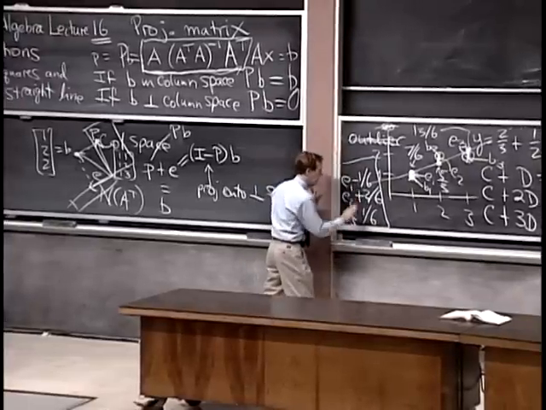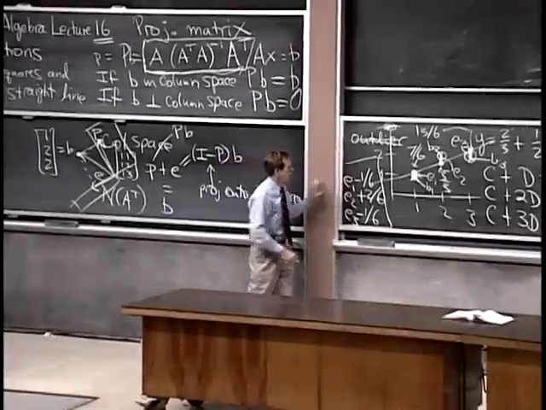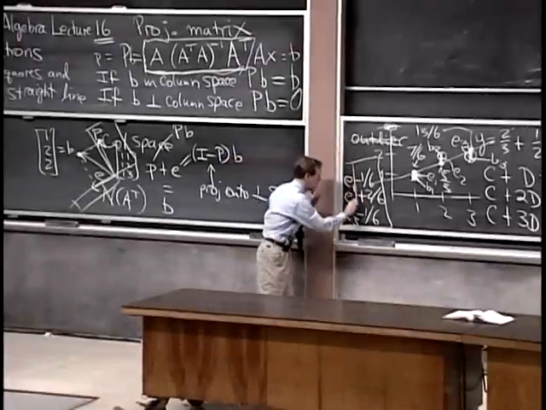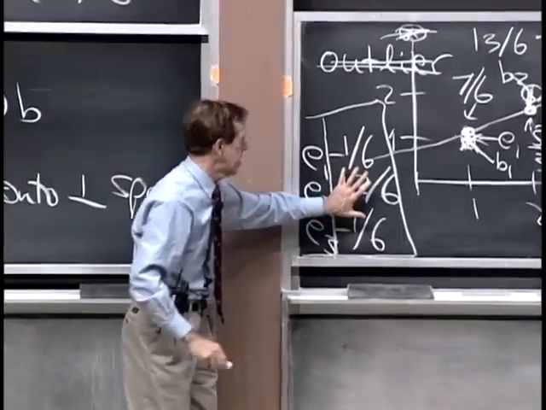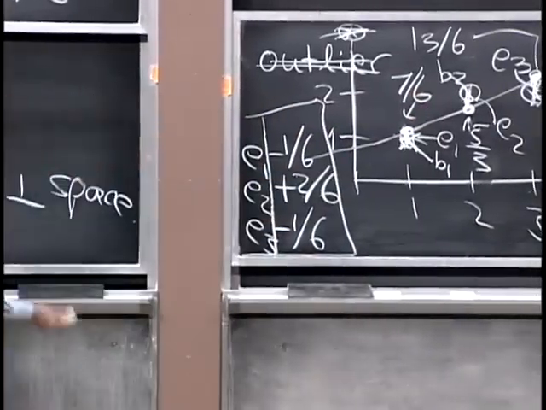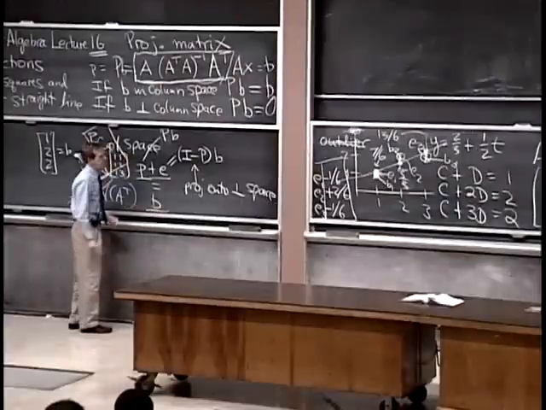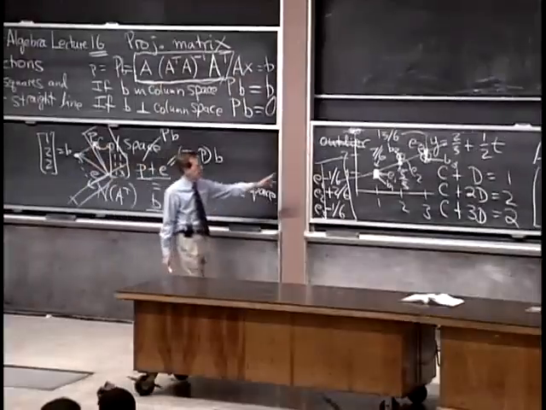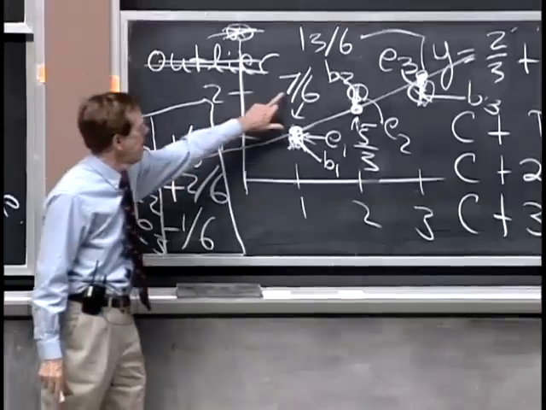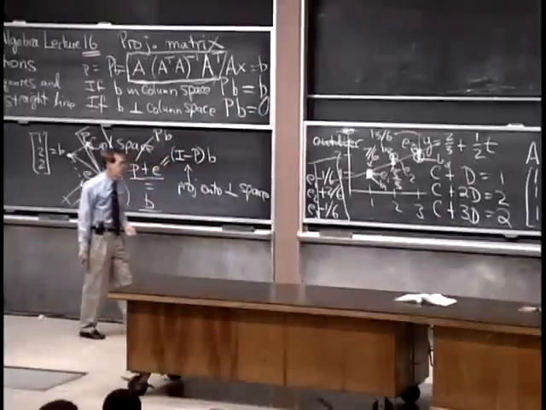Let me fix them. Because I would like this 1/6 plus the P to give the original B. I want P plus E to match B. So I want minus 1/6 plus 7/6 to give the correct B equal 1. Okay.